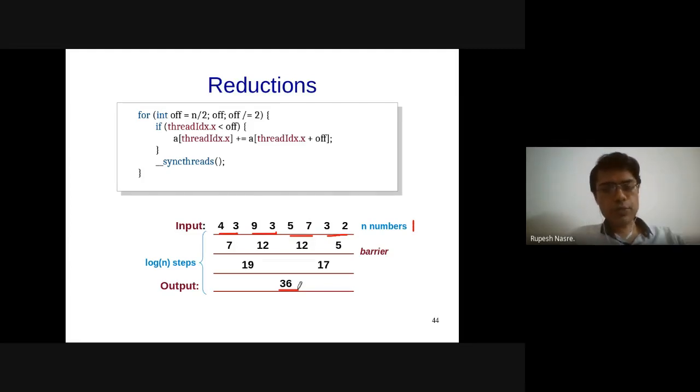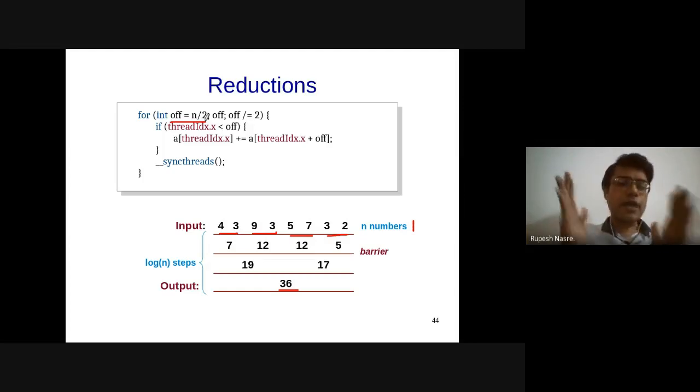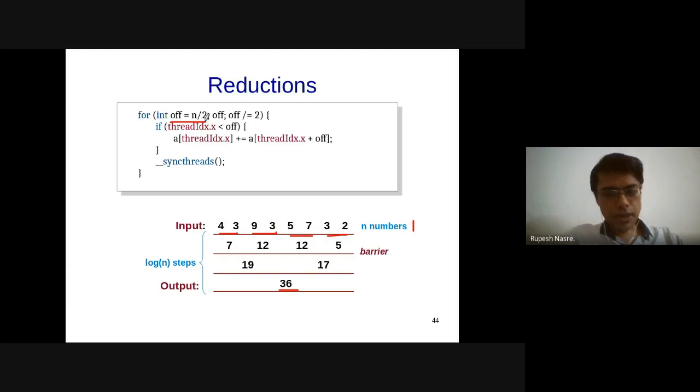To write the code corresponding to such processing, which we called reduction, we start with an offset which goes from n by 2 to 1, and every time only those many threads operate on the input values. So initially n by 2 threads operate, then n by 4 and so on. So there are log n such steps required, which need to be separated by barriers, right?